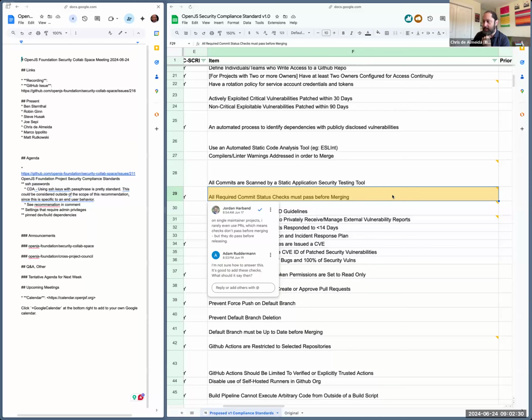Yeah, so the comment I'm thinking of, I just found, was on prevent force push on default branch, and it said something like for non-single maintainer projects. I said this is a good rule to have even on single maintainer, because it's similar to requiring pull requests and status checks to pass. Admins can always bypass the restriction, so there's no harm in expecting it, and it can also protect against regression.